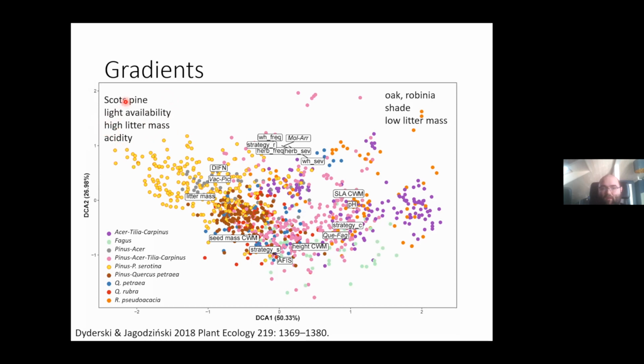So the gradient goes from the Scots pine stands on poor soils via acidophilous oak forest, oak-pine forest, beech forests, to the Robinia forest and oak-hornbeam forests with the highest soil fertility and lowest light availability.